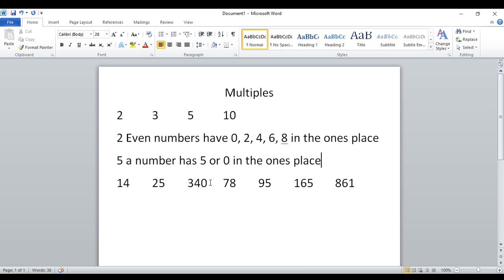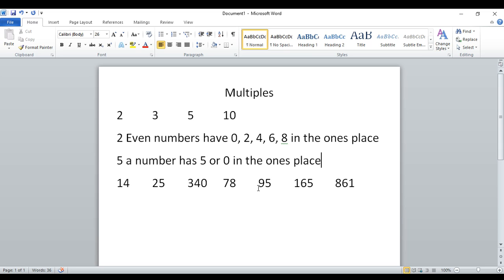What about 340? Well, it ends with a 0, so we could safely say that 340 is a multiple of 5 because it ends with 0. What about 78? It does not have a 0 or a 5 in the ones place, so 78 will not work as a multiple of 5.